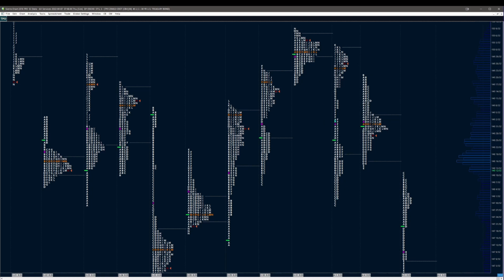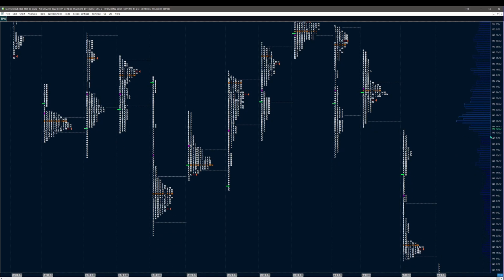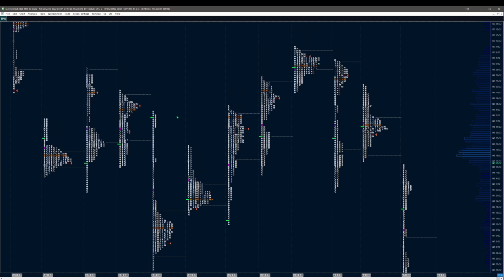Note that this is not a trading system. I'm going to reiterate this, because it's just an organization method. It's not telling us where to buy or where to sell. It's just telling us how people behaved when price got into certain levels.